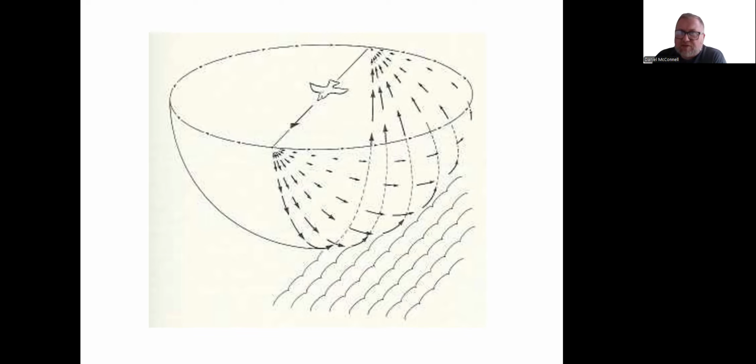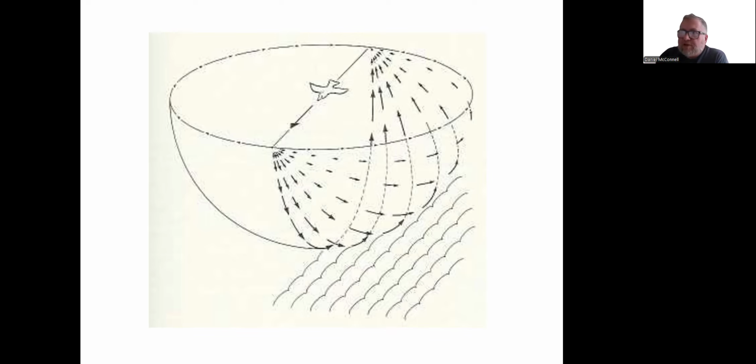This is another way to capture and visualize optic flow. This is imagining what the optic flow would look like from the perspective of a bird flying over a plowed farmer's field. These arrows, which we are trying to visualize with this imaginary hemisphere, represent the optic flow of the ground that the bird is flying over. As the bird flies over the ground plane, it will experience visual motion, or optic flow, of the ground.